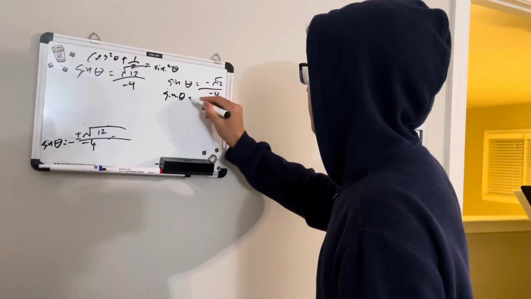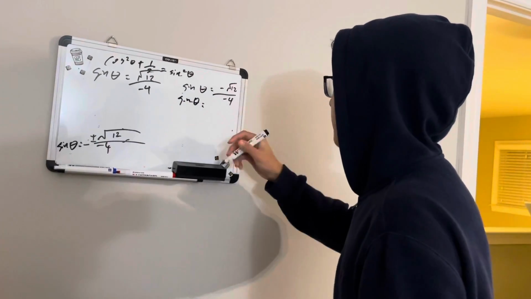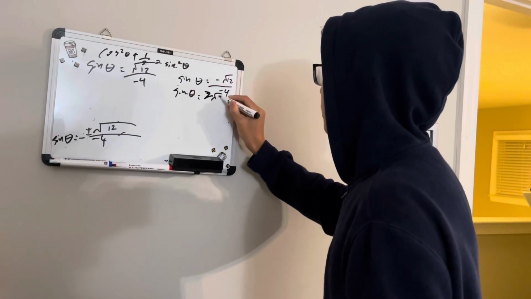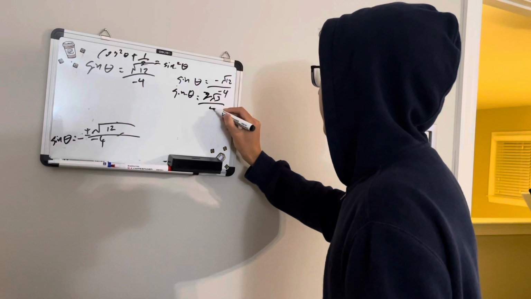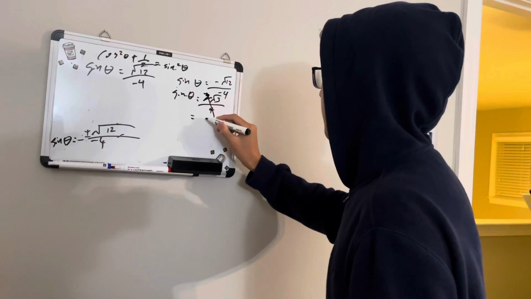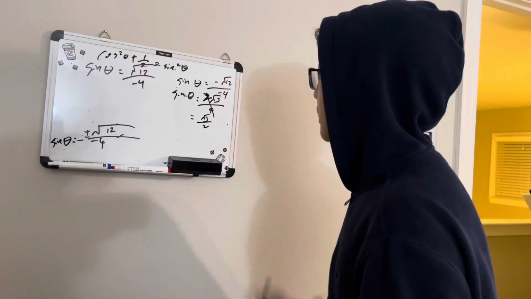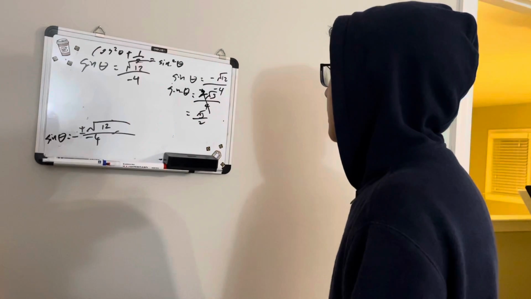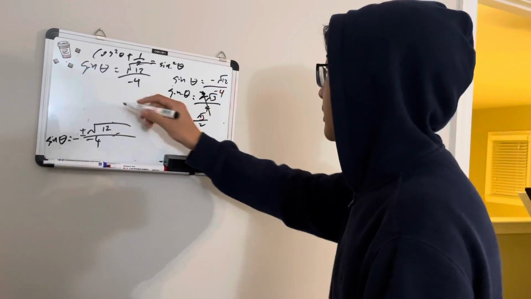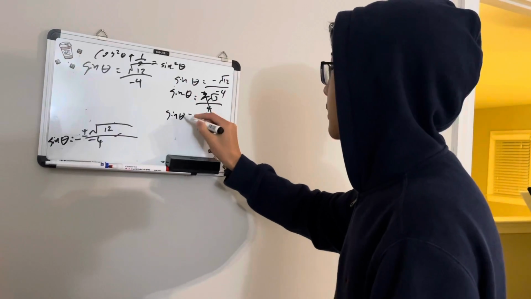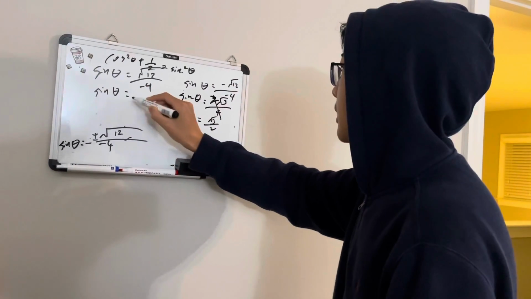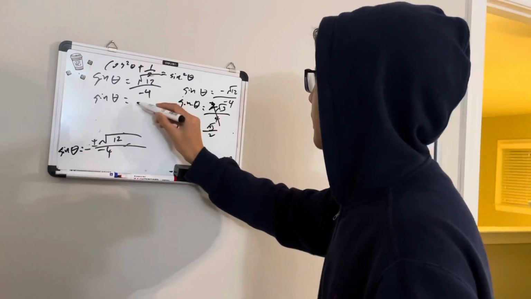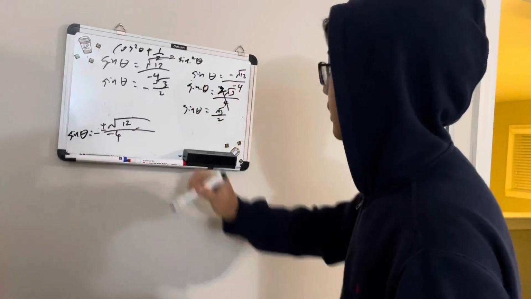So sine theta equals, the negatives cancel out, so that's 2 root 3 over 4, and those cancel out. That's root 3 over 2, and they're the same thing, just different signs. So we could write sine theta equals root 3 over 2.